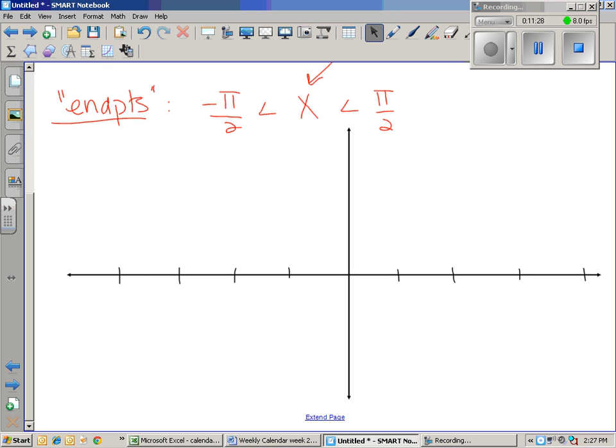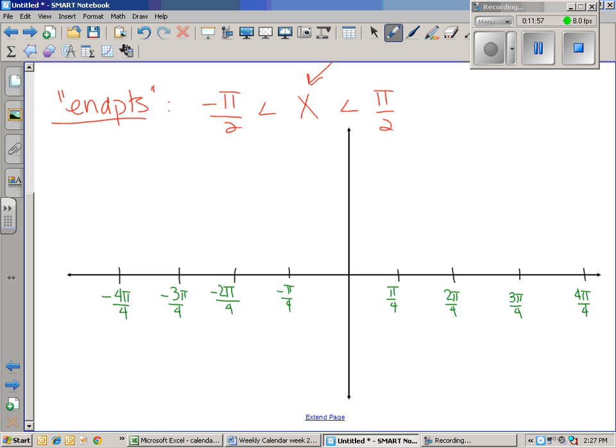Okay. And I'm going to label by pi over 4s. So pi over 4, 2 pi over 4, 3 pi over 4, and 4 pi over 4. I could reduce those, but I don't want to. Negative pi over 4, negative 2 pi over 4s, negative 3 pi over 4s, and negative 4 pi over 4s.